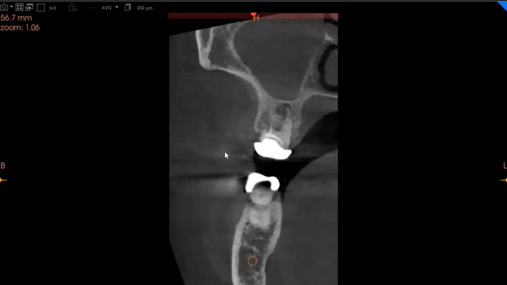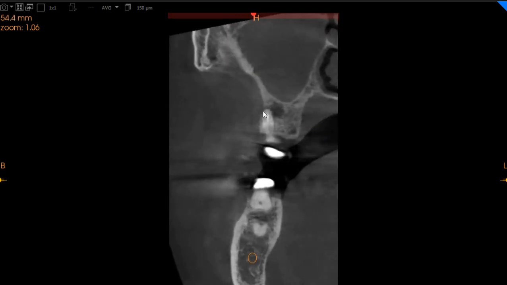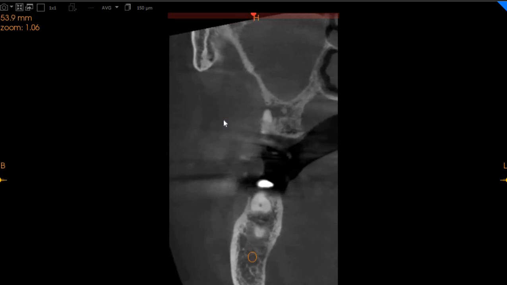So this is what we see in the upper right quadrant. We can also see this radiolucency which is perforating the buccal cortical plate. So the distobuccal root has a periapical radiolucency which is leading to perforation of the buccal cortical plate. So this maxillary sinusitis is definitely odontogenic in its nature.